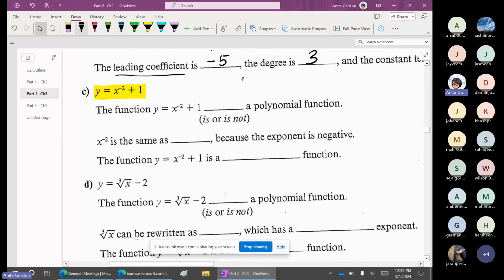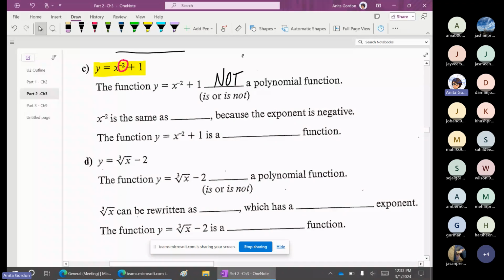Is or is not? Ooh, I heard a mix of answers. No. Why not? It's a negative. Yes, my exponent is negative, right? Not a polynomial because x to the power -2 is the same as 1 over x squared, right?